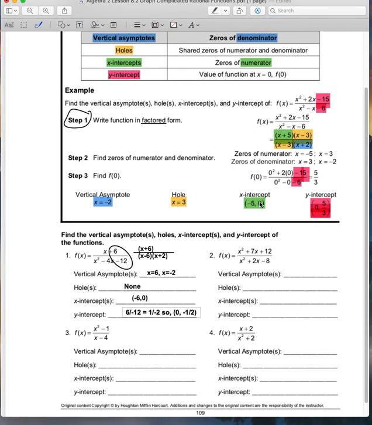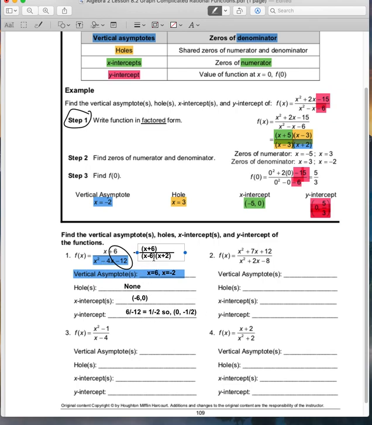So this color coding will really help you spy with your educated eye the values of what they're asking for. Vertical asymptotes came from the denominator.